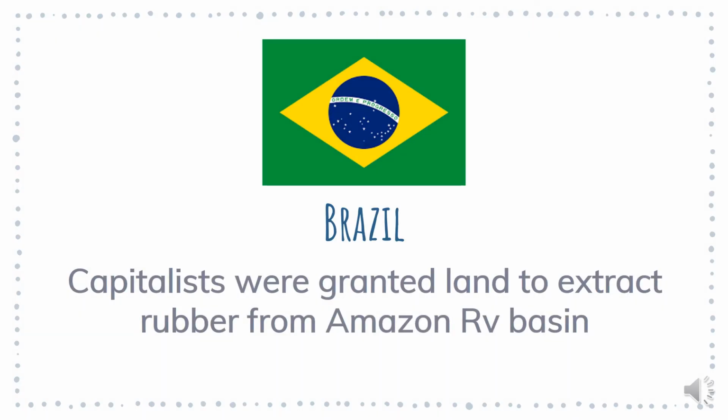All right, so capitalists were granted land to extract rubber from the Amazon River basin. And so the state or the government allotted a huge amount of money to capitalists and lessened restrictions for capitalists to move into the Amazon River basin so that they could extract rubber latex.